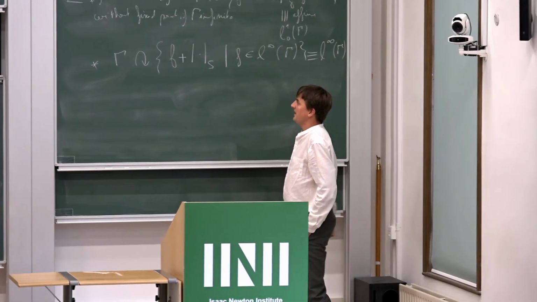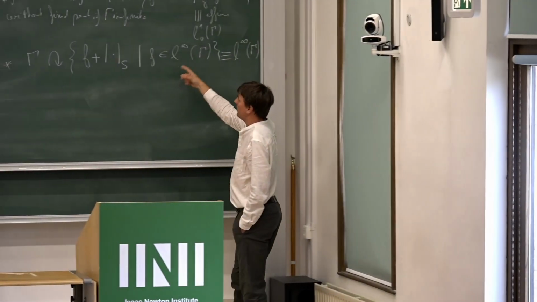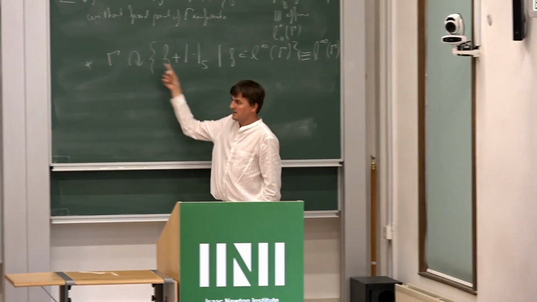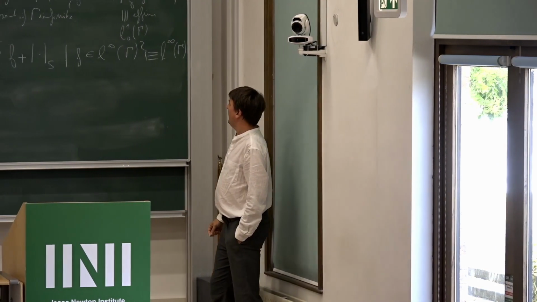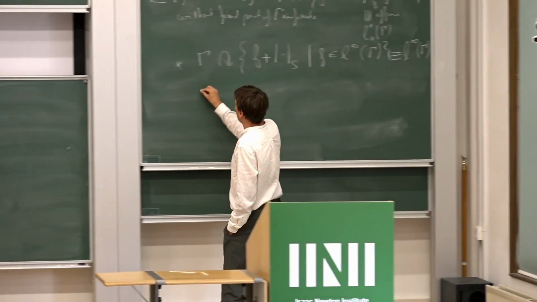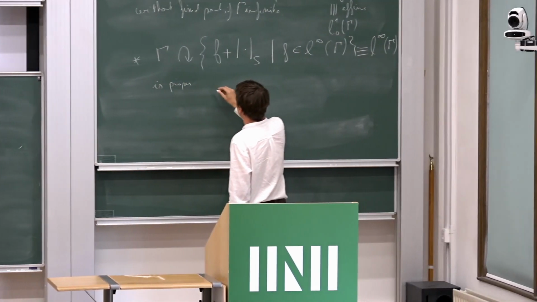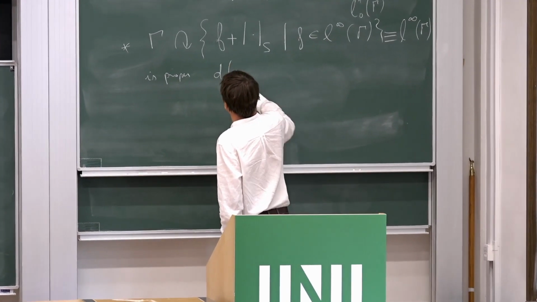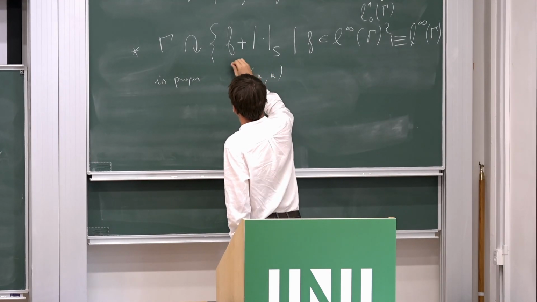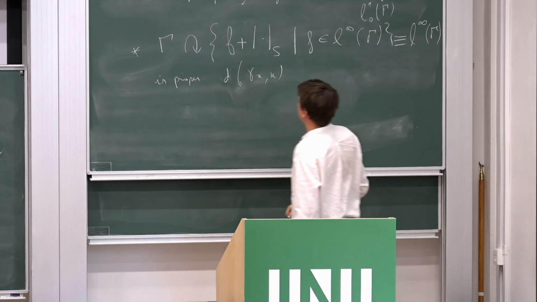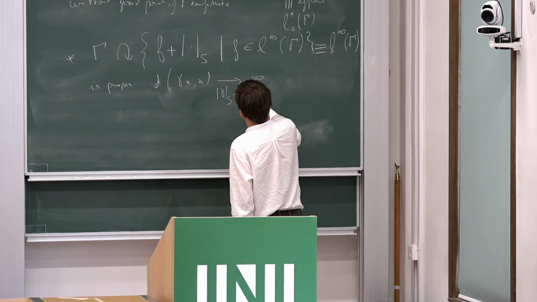This set of functions, I see them as functions on gamma, from gamma to the complex numbers. The group acts on this space by translation, by precomposition, and this action is proper, meaning that the distance between gamma x and x, where the distance is the distance in this affine space, goes to infinity when the word length of gamma goes to infinity.